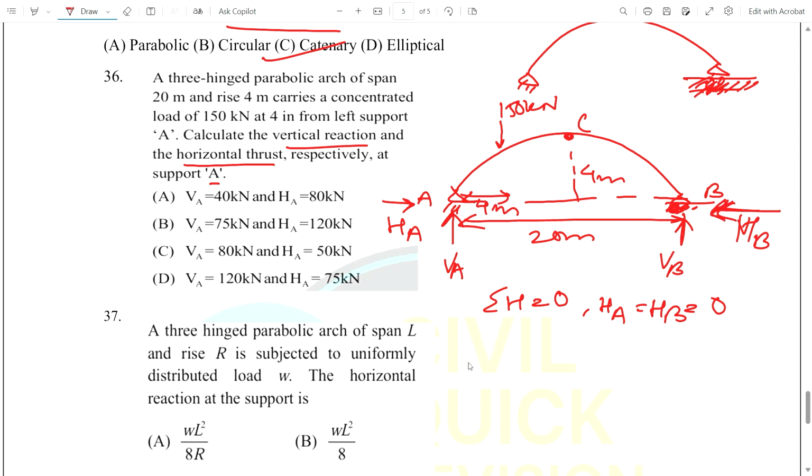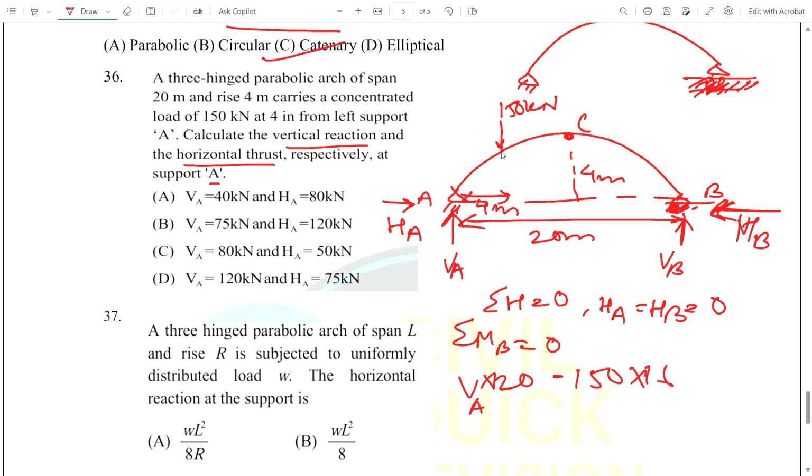Now taking summation of moment at B is equal to 0, then VA into 20 minus 150 into 16, taking clockwise as positive.